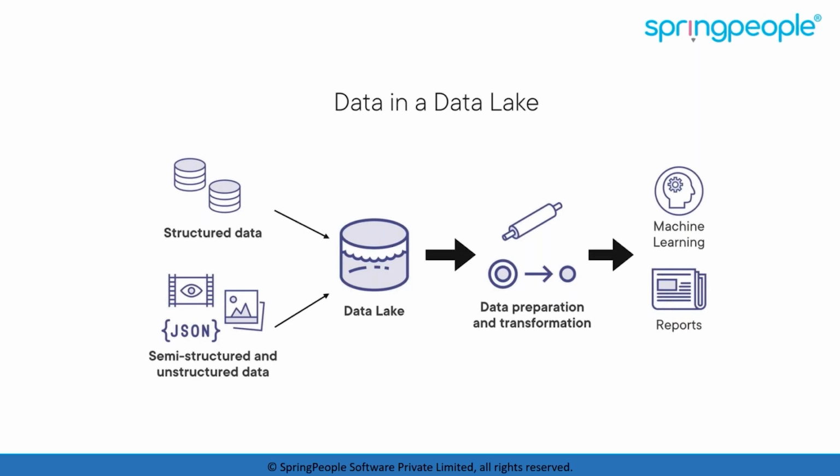But in this case, we are doing the ELT mechanism. We extract and collect the data from a variety of sources, store the data in the data lake first, and then perform all these transformations, cleaning the data and making the data ready for the business. And then that data can be used for machine learning and reporting purposes.